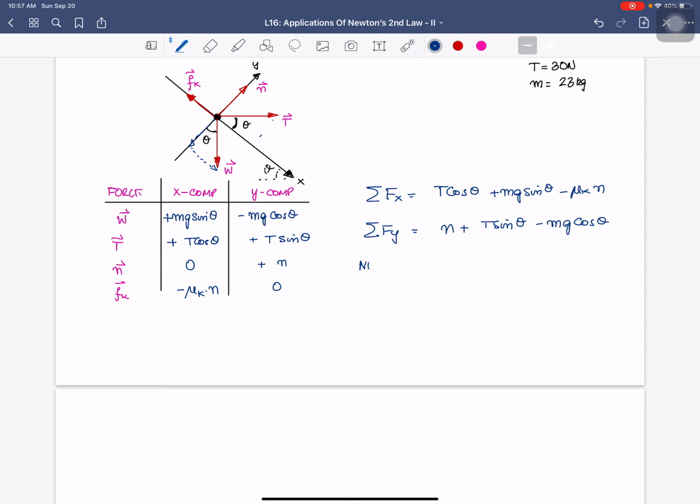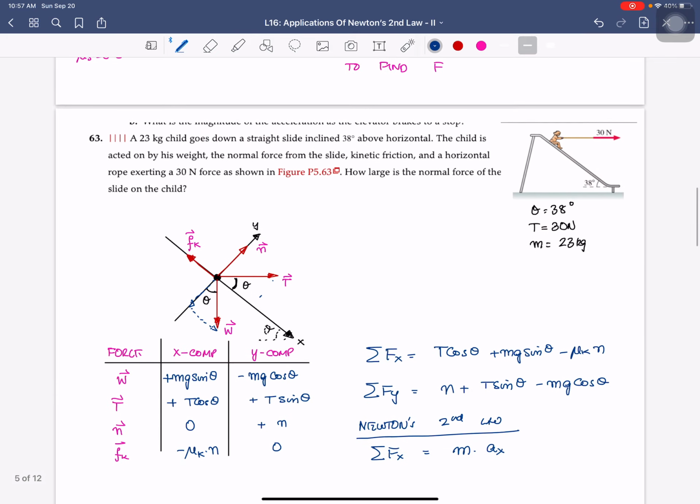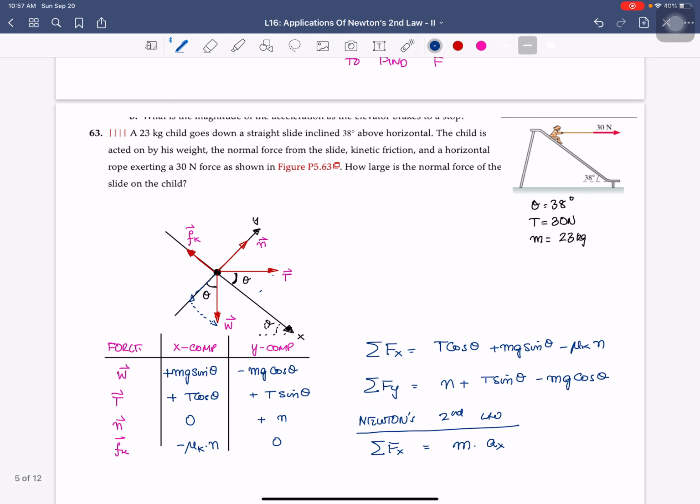Newton's second law says that the net force in the x direction is mass times the x component of the acceleration. Now in this problem, the child is sliding down the incline, okay?